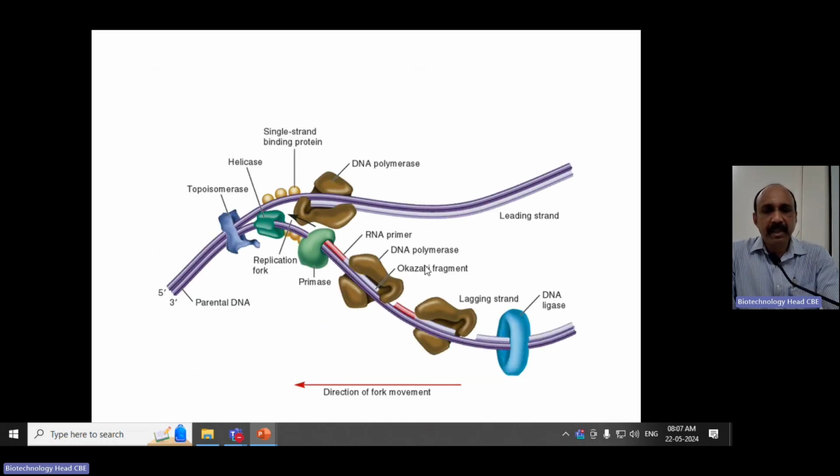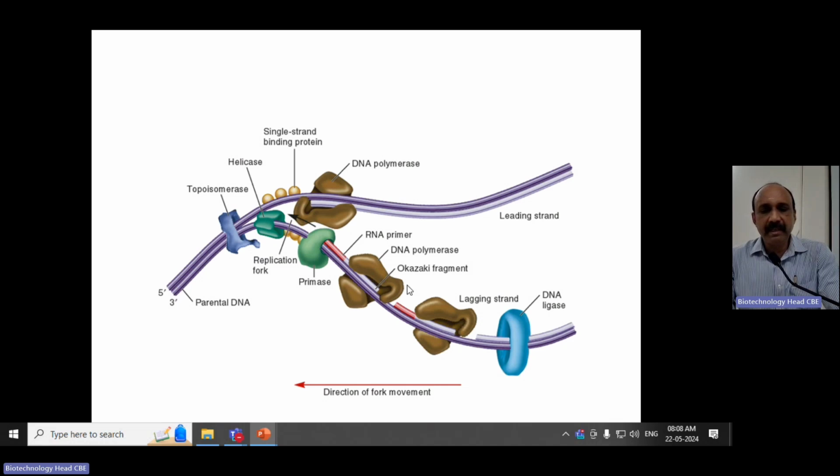Right? You remember this. So you start with the helicase, which opens up the double strand, and ahead of this there is the topoisomerase releasing the tension behind. And the DNA polymerase synthesizes the leading strand, right, where the single strand binding protein, SSB, keeps the two strands apart.